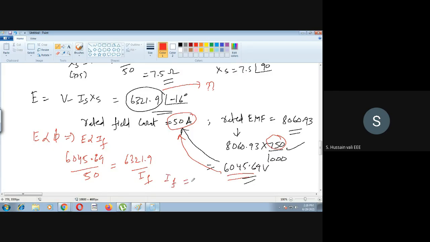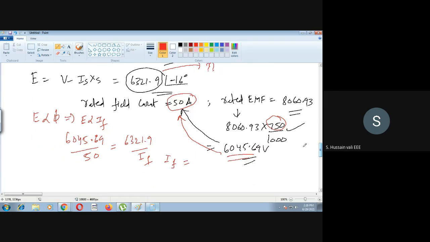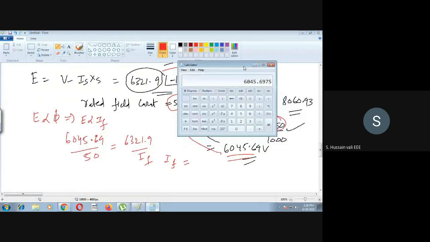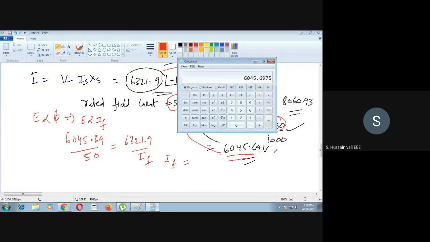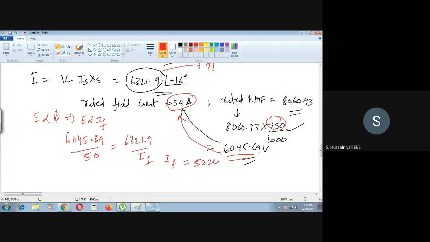IF is equal to 6321.9 into 50 divided by 6045.69, which is 52.28. So that is the new field current. That's it, this is the field current we found.